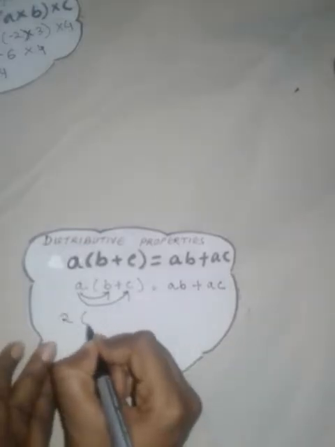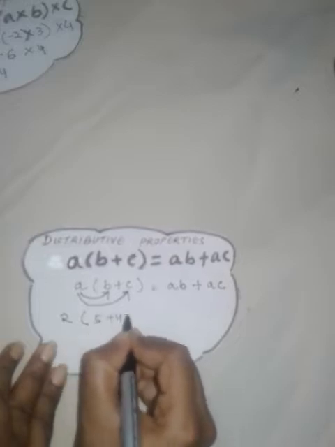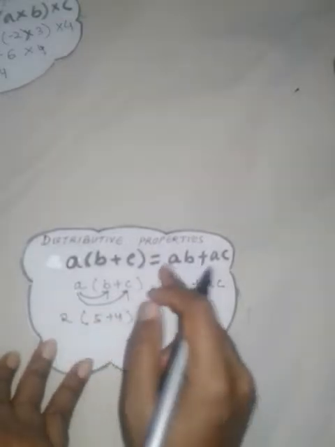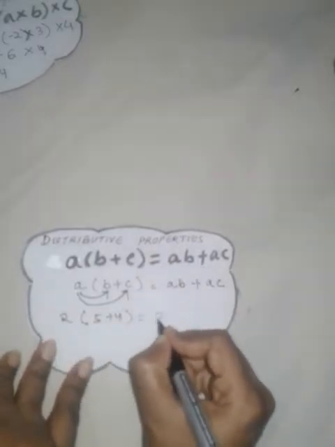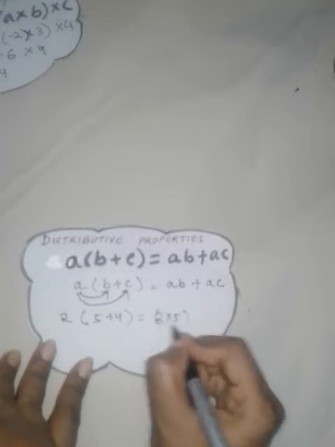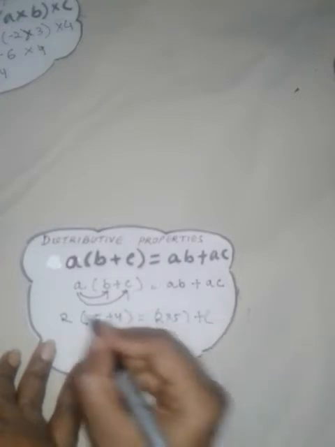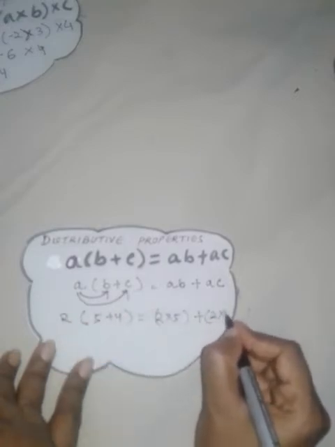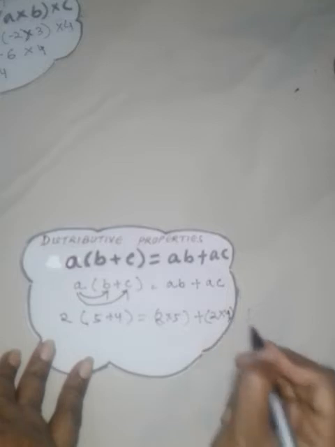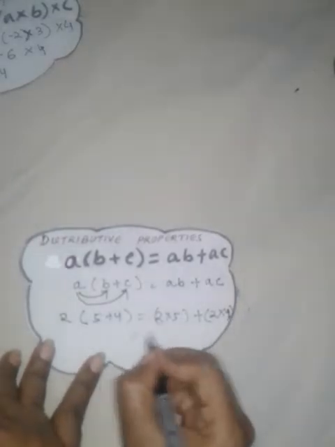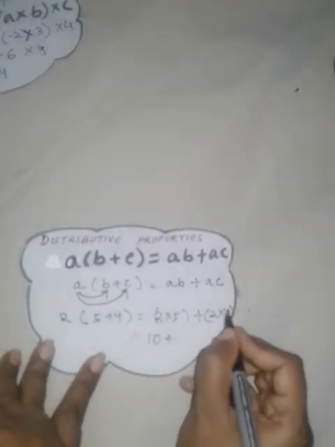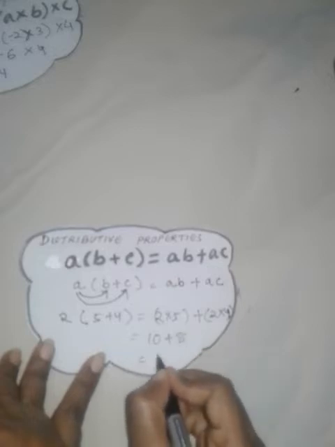Suppose 2 into 5 plus 4. We can solve 5 plus 4 is 9, 9 into 2 is 18. Or using the distributive property, 2 into 5 first, A into B, then A into C, where A is 2 and C equal to 4. Then 2 into 5 is 10, 2 into 4 is 8, 10 plus 8 is 18.